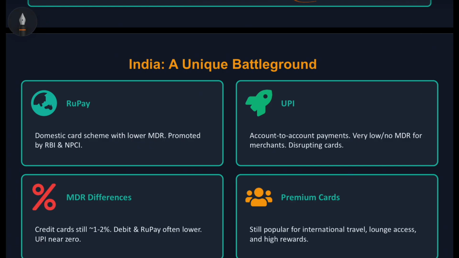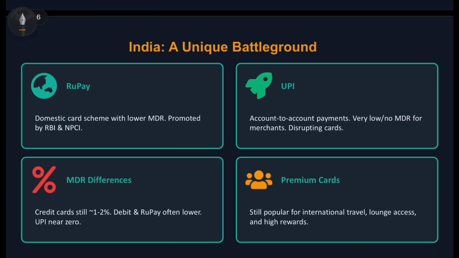Now, talking about India particularly, it is actually a very unique battleground. We have the benefit of RuPay, which is basically a domestic card scheme with a lot less MDR, right? And it is promoted by RBI and NPCI.